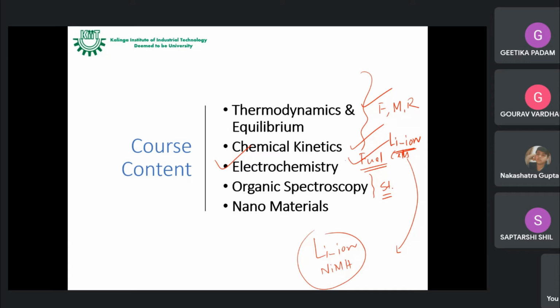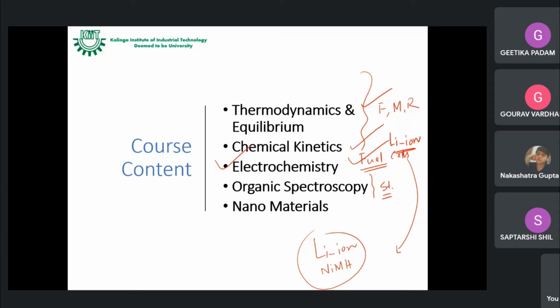And another thing, metals play a very, very important role in our life. I'm talking of metals and alloys. So metals and alloys play a very important role in our life, and they get destroyed due to the environmental impact or interaction with the environment. That is a very, very common phenomenon known as corrosion.